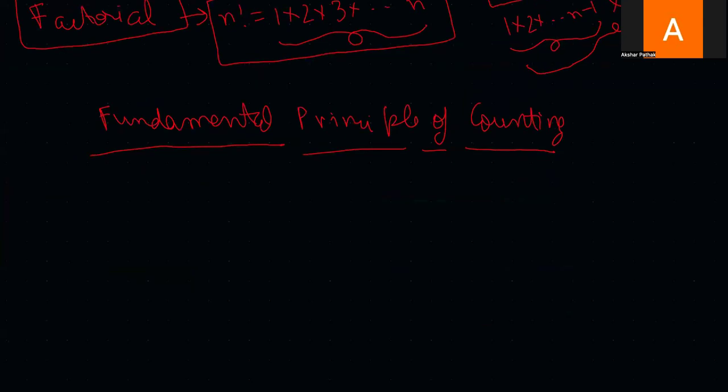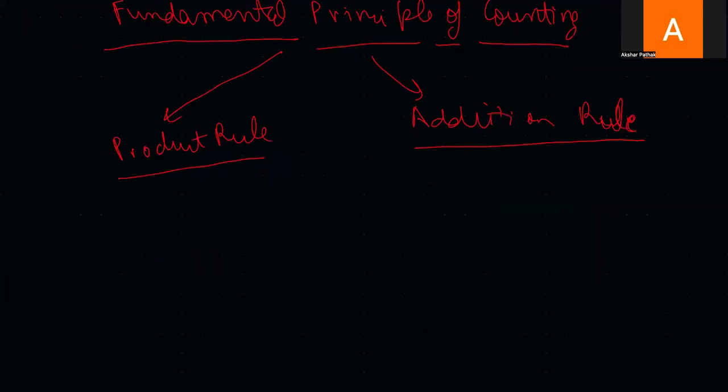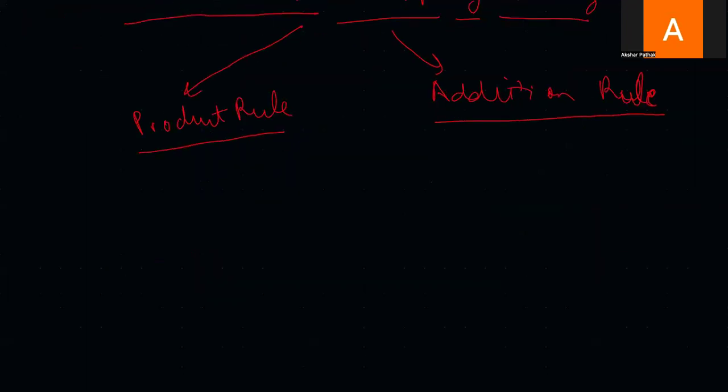So we have two principles. One is the product rule, and the other is the addition rule. I won't take much of your time. Suppose that you are given three operations.